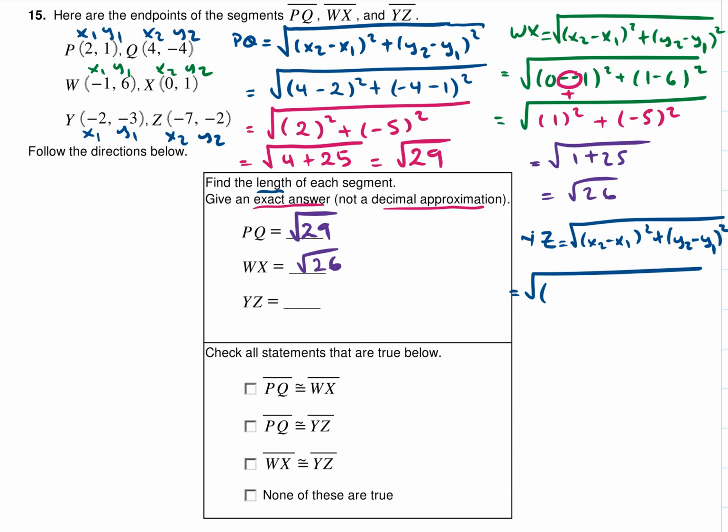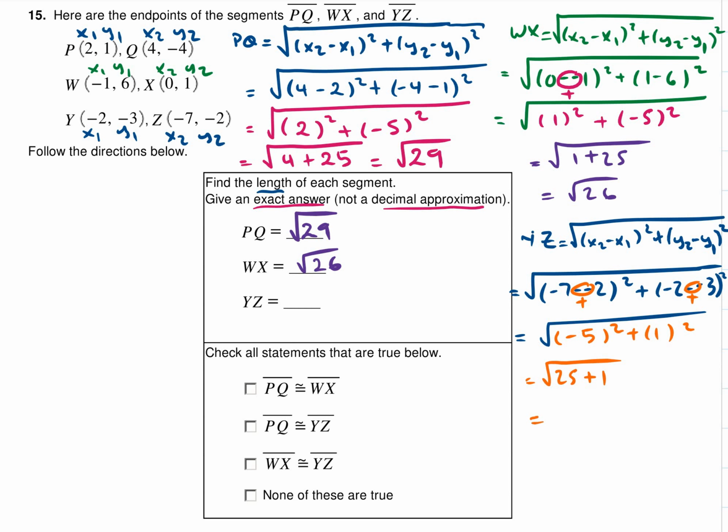That will be negative 7 minus 2 squared plus negative 2 minus 3 squared. Two negatives make a positive. So negative 7 plus 2 is negative 5 squared plus 1 squared. That would be 25 plus 1, square root of 26.